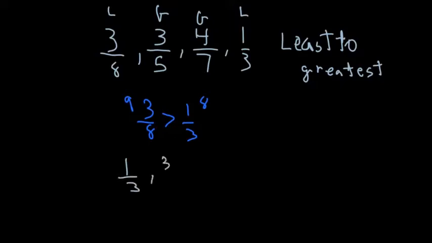Cross multiply, 5 times 4 is 20, 3 times 7 is 21. So that makes 3/5 greater than 4/7. So going least to greatest, 4/7 is less, and then 3/5 is the greatest number I have.